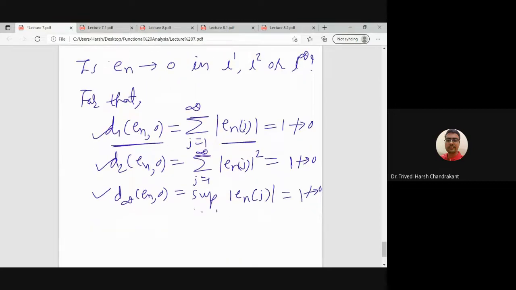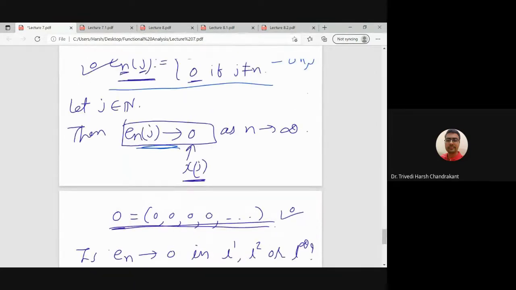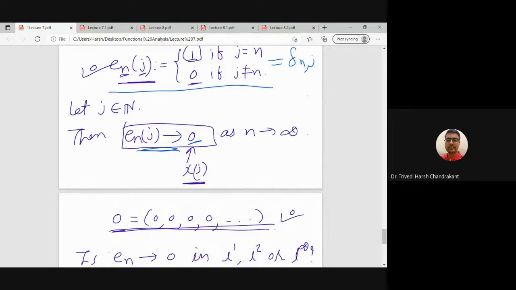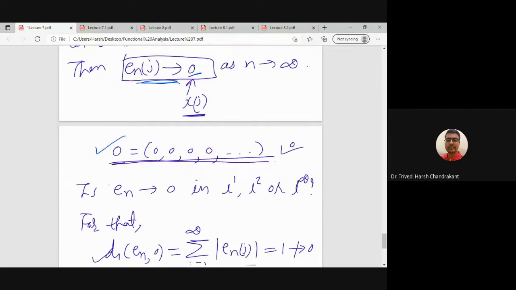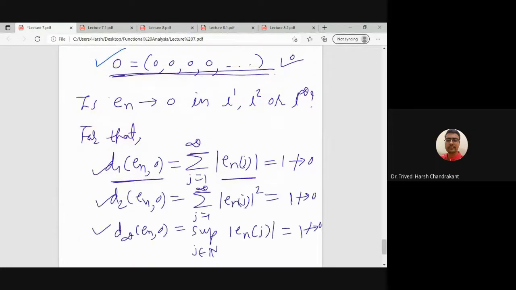Yeah, so coordinate wise it converges to 0, but if you form a sequence which has all entries 0, then En sequence does not converge to the 0 sequence in the d1 distance, right?